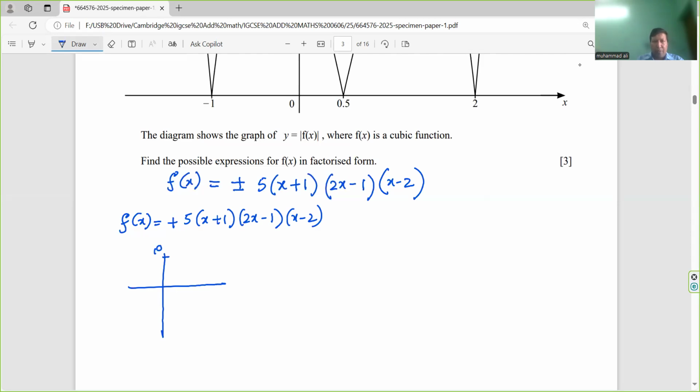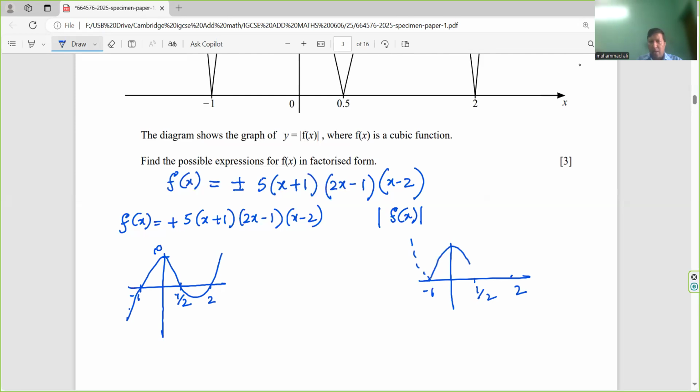The curve on the x-axis passes through -1, half, and 2, and the curve pattern will be like this. When it is modulus of f(x), the curve is reflected in the x-axis, so it is -1, half, and 2. Reflecting in the x-axis means the below side part will go to the upper side.